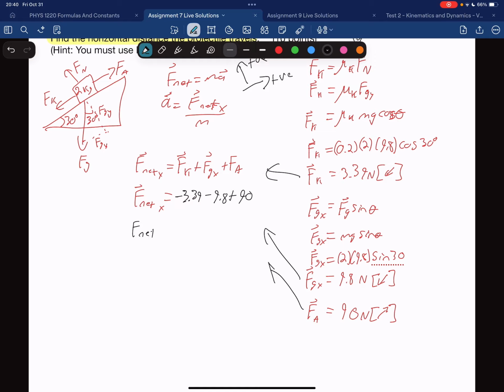That gives us F net x equal to 76.81 newtons up the ramp.